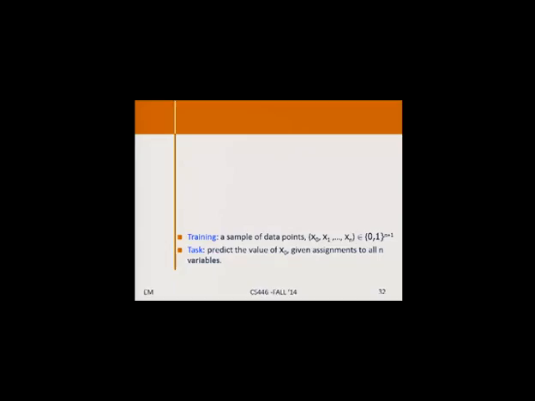This is the training data: a sample of data points, x0, x1, up to xn. So a month ago, I would have written it as L, comma, x1 up to xn, or y, comma, x1 up to xn, and everything would have been fine. So it would be clear that the first coordinate is the label, and the rest are the features. And the question is, train a model. So what would you do with this hint? How would you learn it?